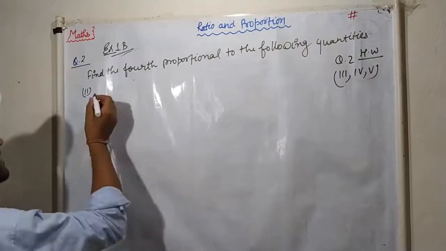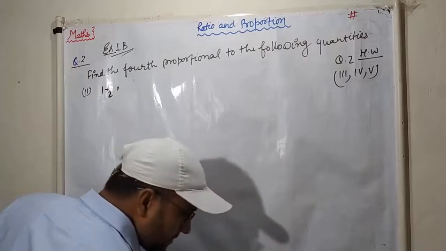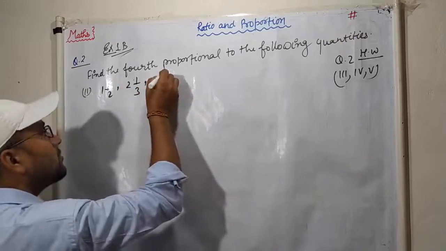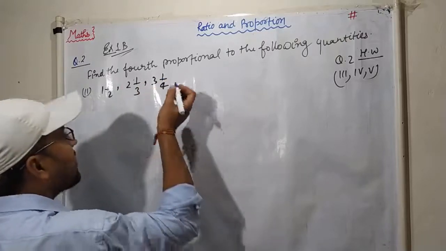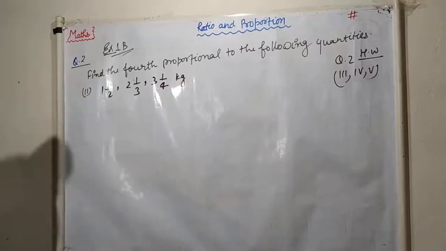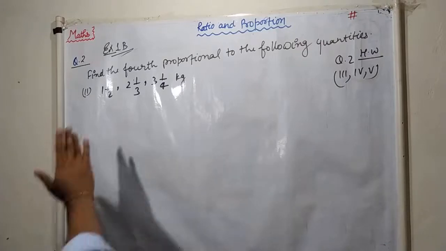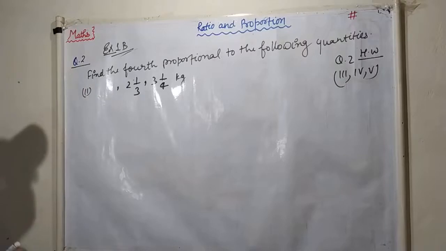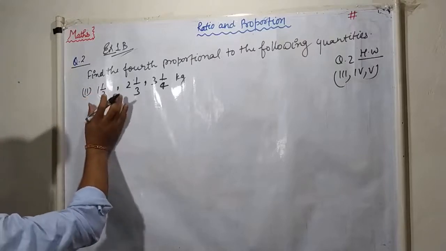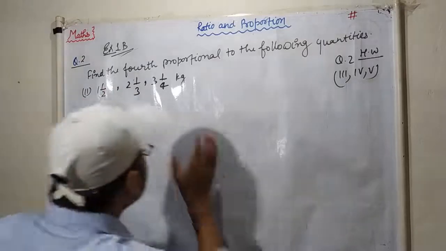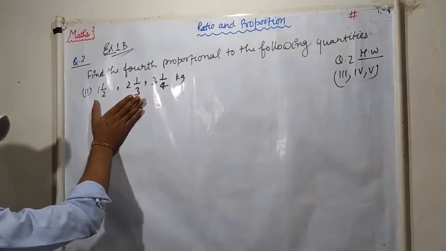1 whole 1/2, comma, 2 whole 1/3, comma, 3 whole 1/4, and all are given in kg. See this one, students. Third one is given in kilogram, and the others are given as numbers only.